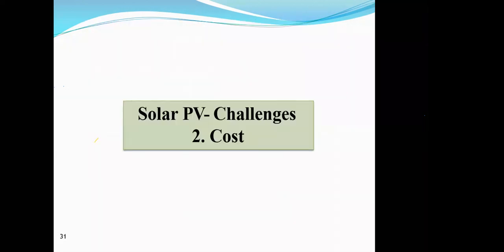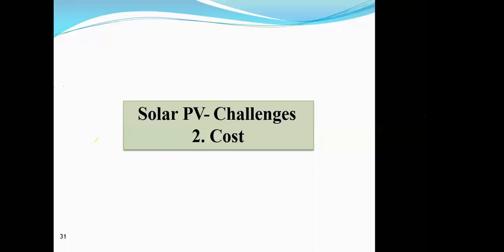The second challenge is the cost. People have to ultimately pay for the solar PV generation, and if we compare it with the electricity which we are consuming at present, especially coal thermal energy and others, cost is a major factor.